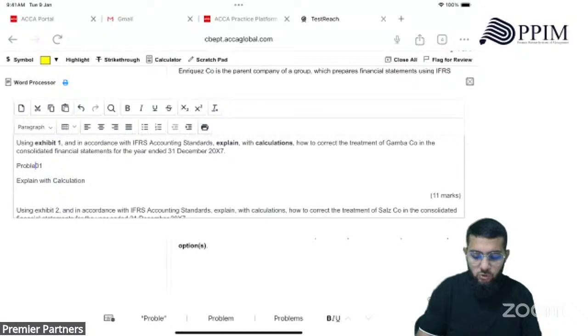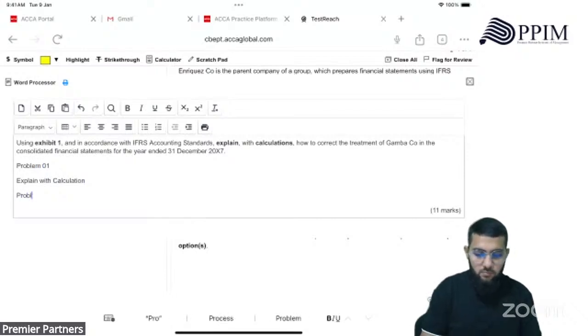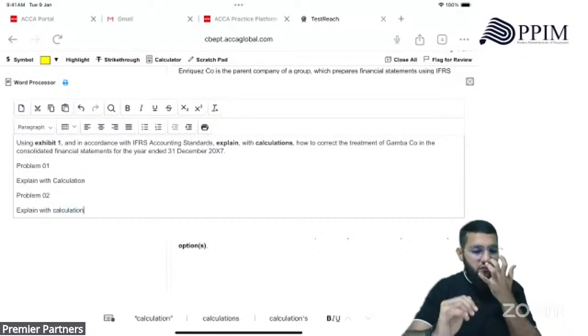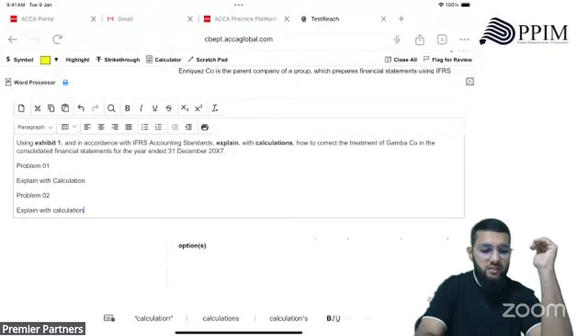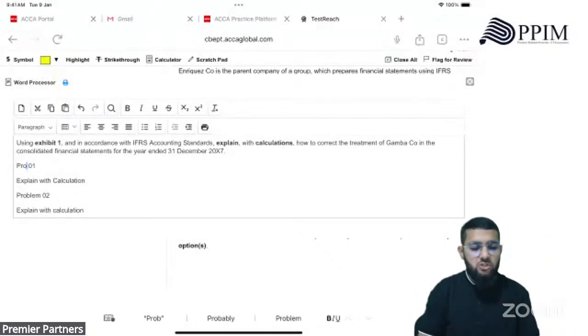Then problem 2, explain with calculation. So this is a format that you can follow. Always you bring out all the issues, or rather than problem, we'll change this to issue. Issue 1 and issue 2.